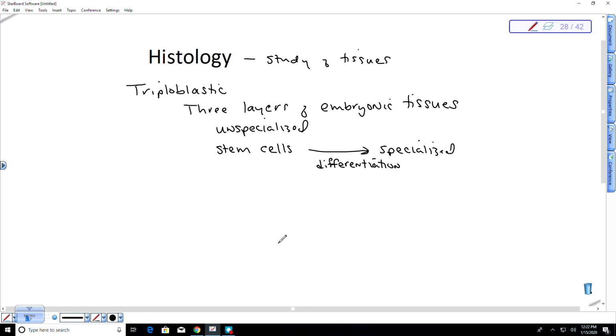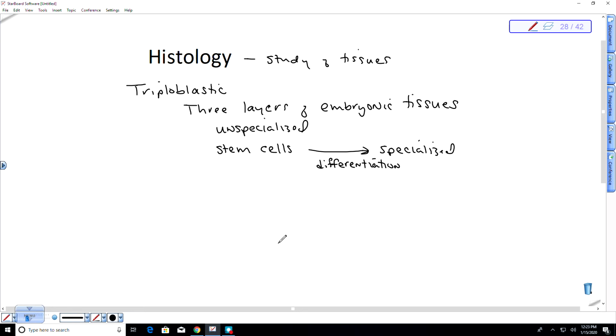So interestingly, it's important to remember that we all start out as a single cell. And then that cell undergoes reproduction, undergoes mitosis, and we become a multicellular embryo. And then those embryonic tissue layers arise, and then they give rise to very specialized types of tissues.